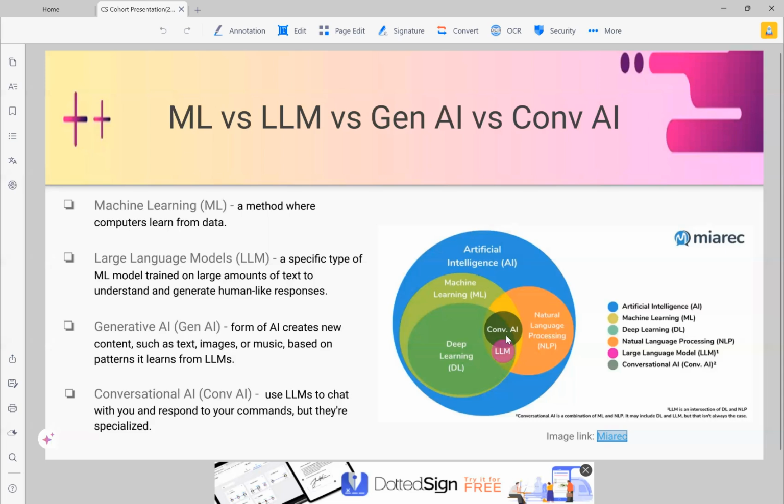Conversational AI are your virtual assistants like Siri or Alexa. They use something called natural language processing, the language that you and I converse in. They're trying to imitate human behavior, so they mimic voices or understand commands. It's all very much like a human. That's basically the difference between conversational and generative AI.